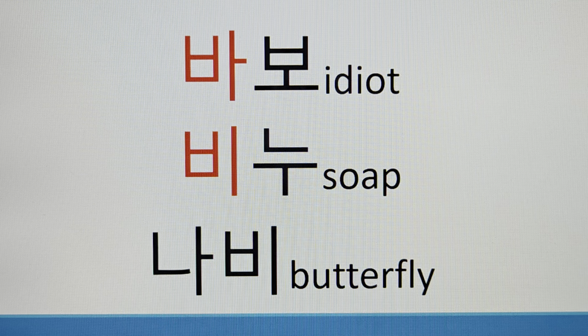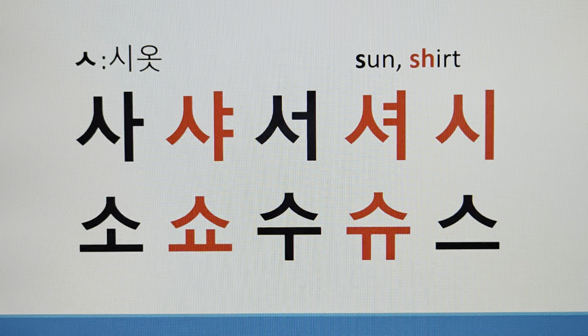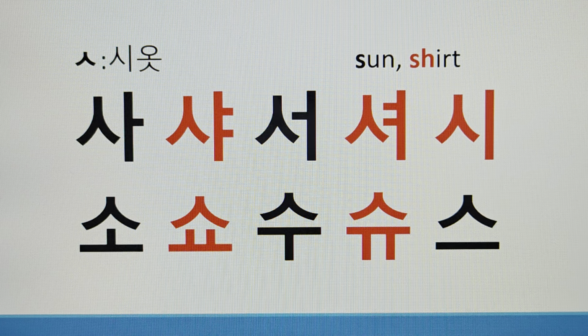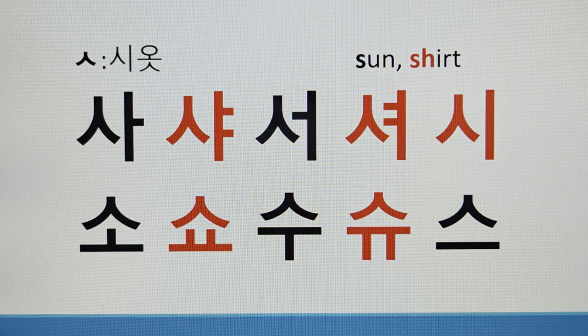Now let's learn the last consonant of part 2. This one is 시옷, 시옷. This one is very special because its sound changes, not because of its position in the word, but depending on the vowel it's combined with.